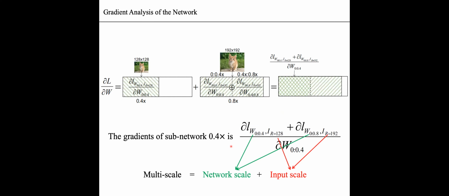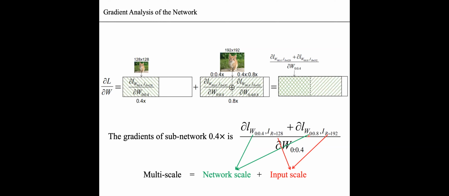And this 40% subnetwork is actually able to learn multi-scale representation. One scale comes from the network scale, because we have the 40% subnetwork and also the gradient coming from the 80% subnetwork. At the same time, we also learn from multi-resolution representation, that is from the input scale, because the 40% subnetwork uses its 128 image size, but for the 80% subnetwork we use the 192 resolution.